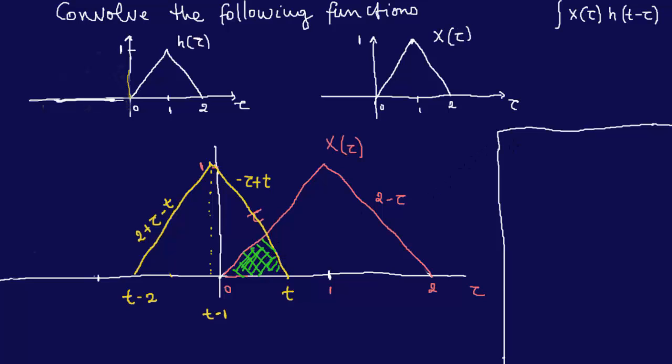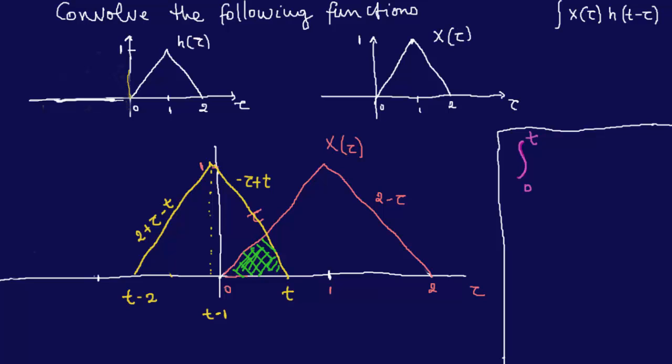So your integral on that particular area goes from 0 to t, and you're multiplying x of tau.